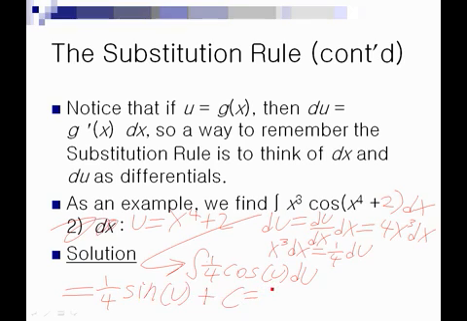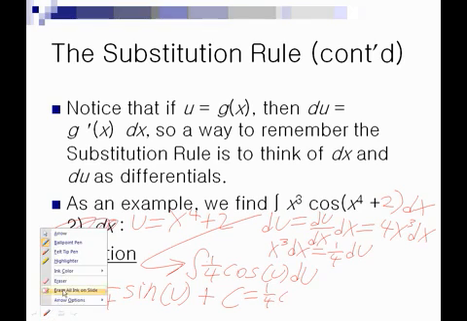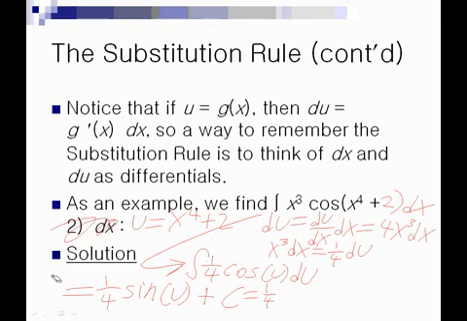And then you can substitute back in, right, 1/4, not cosine, sine of x to the 4th plus 2, all plus some arbitrary constant.